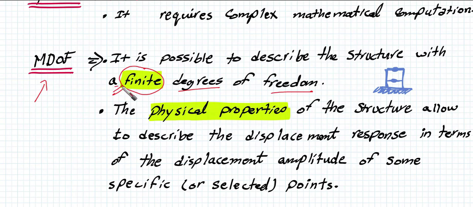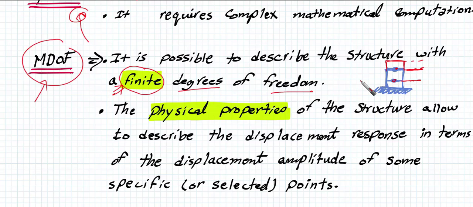The keyword here is finite. It means that our MDOF is different from the continuous system, in that we have specific, particular degrees of freedom that we know well, and we are going to describe the motion of these particular masses mathematically.